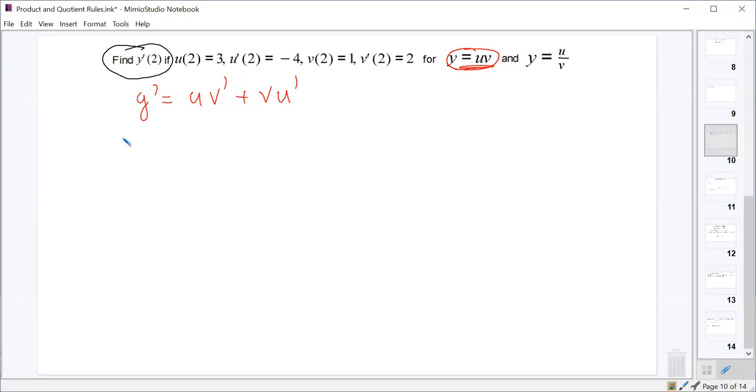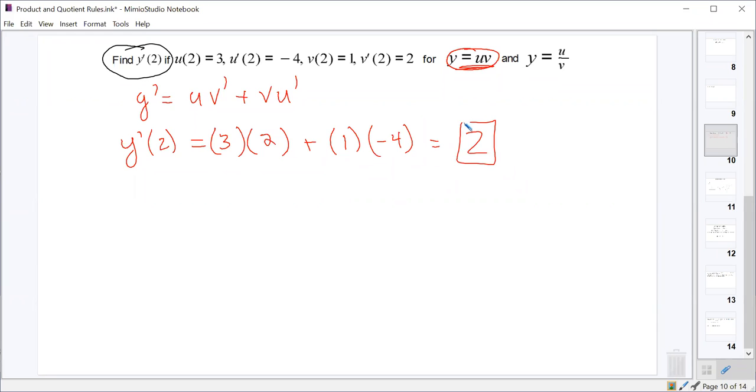And if we want y prime of 2, then it ought to just be u of 2, which is 3, times v prime of 2, which is 2, plus v of 2, which is 1, times u prime of 2, which is negative 4. So what do we get? 2. 2, right? Easy enough.